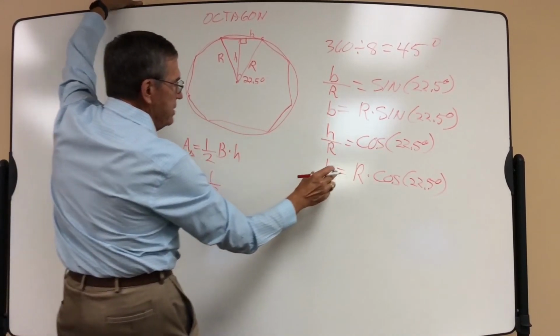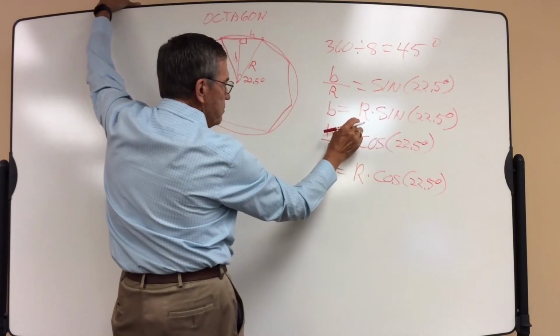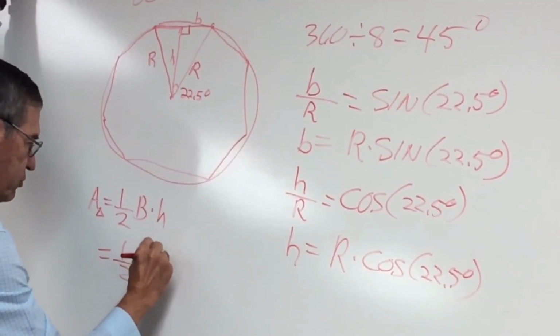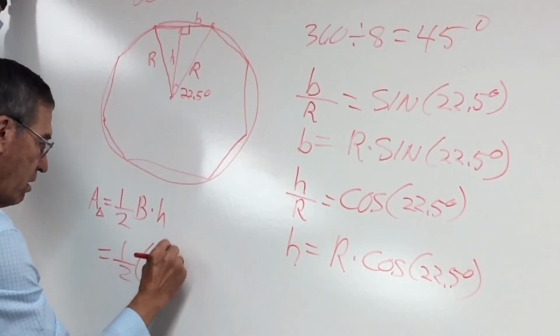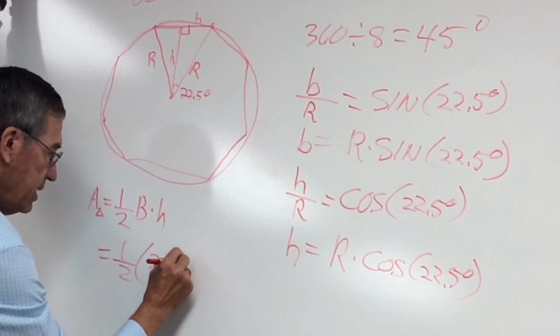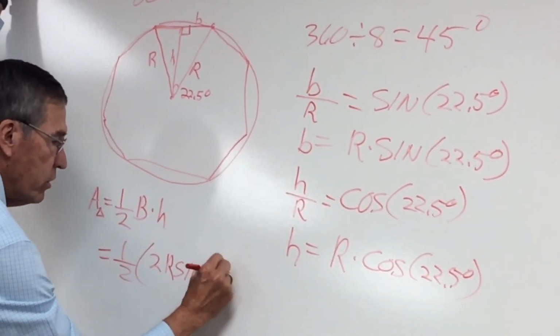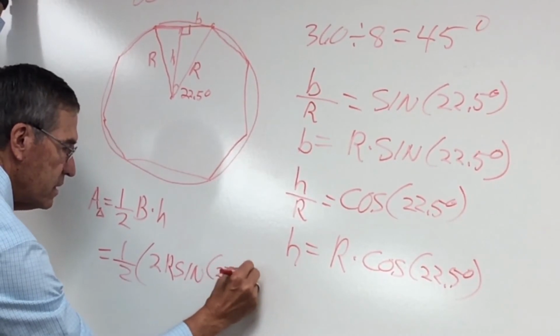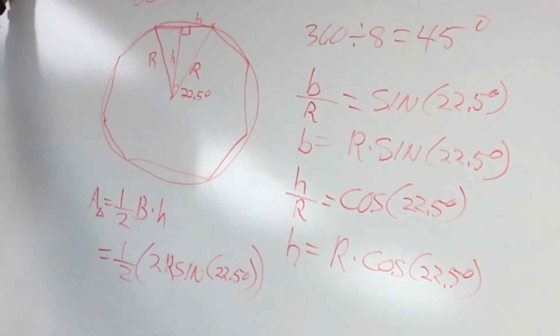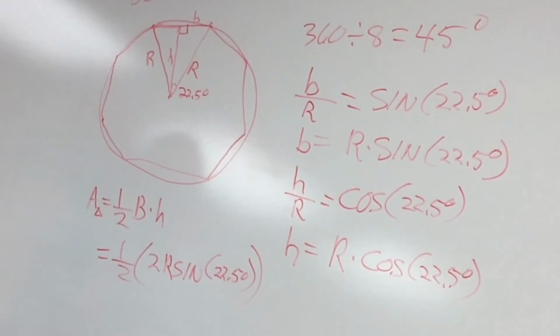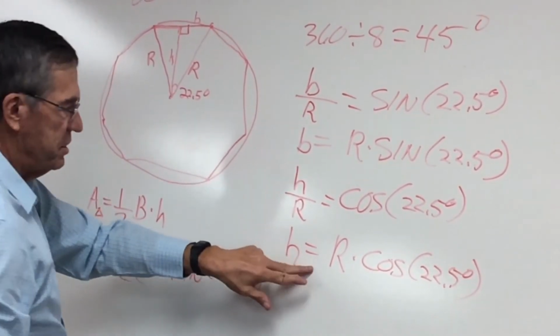1/2. If I take this base and multiply by 2, I'll just put a 2 out in front. So I have 2 times r sine of 22.5 degrees, and that'll be for the big B. And then I want the height. That's just this.